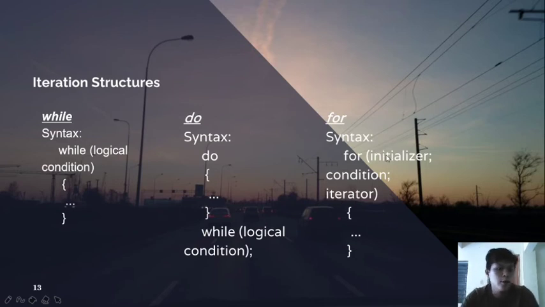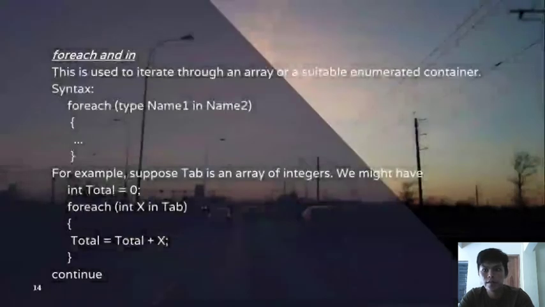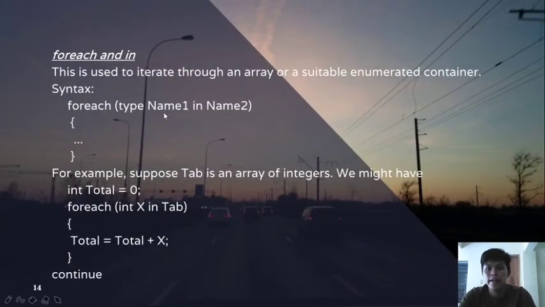Here, if the condition is false, it goes back to the initializer until the condition becomes true, then it executes the statement, then exits. Next is the foreach structure. Foreach is used to iterate through an array or a suitable enumerated container.